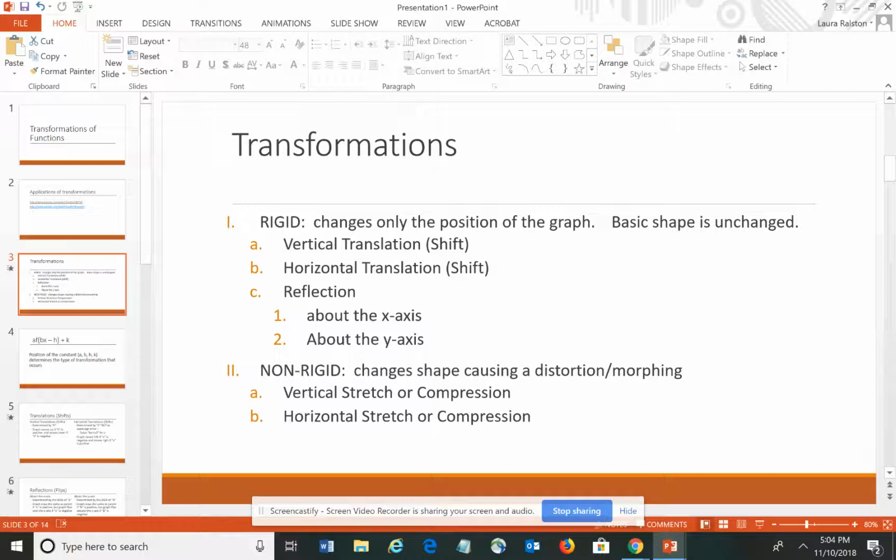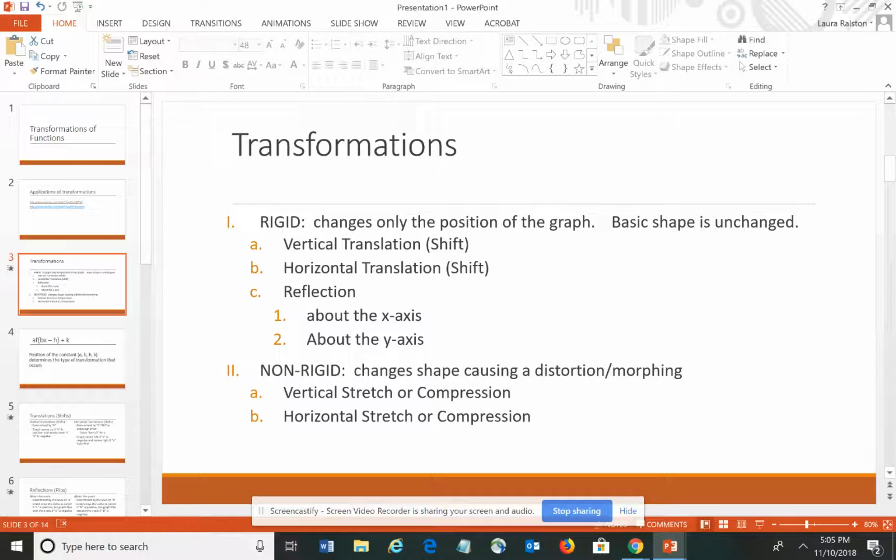And there's 3, or really 4, rigid transformations that can take place. You can have a vertical shift, a horizontal shift, a reflection about the x-axis, or a reflection about the y-axis. And we're going to talk about what each one of those things would look like, and how you know that it occurs as we proceed through this video.